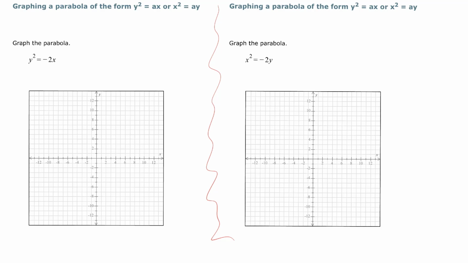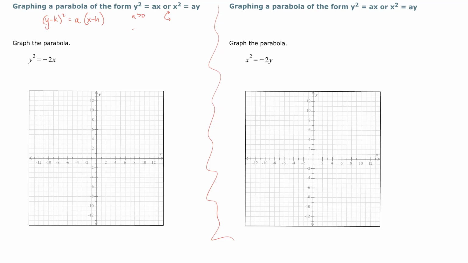Let's write the general form of a parabola using the definition. The definition would say y minus k quantity squared is equal to some a times x minus h. And if a is positive, it opens to the right.